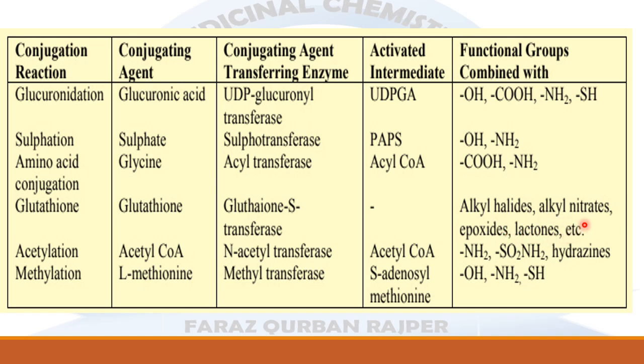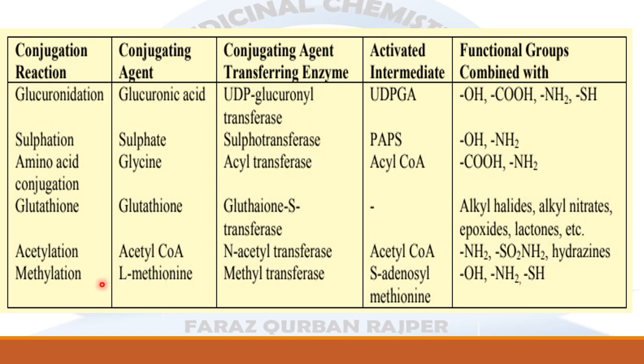Like we have discussed, the acetylation conjugation reaction will occur with the help of N-acetyl transferase enzyme, and N-acetyl coenzyme is the activated intermediate. It occurs mainly in drug molecules which have a sulfonamide functional group, NH2 or hydrazine functional group.